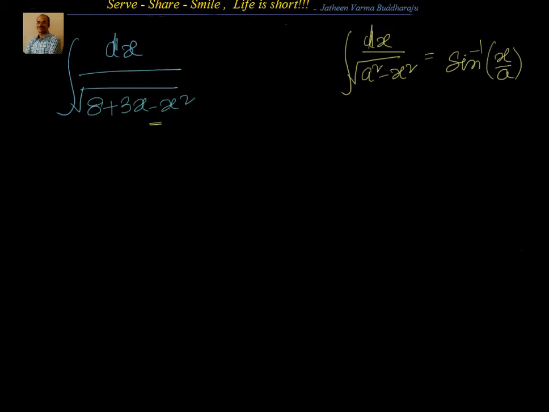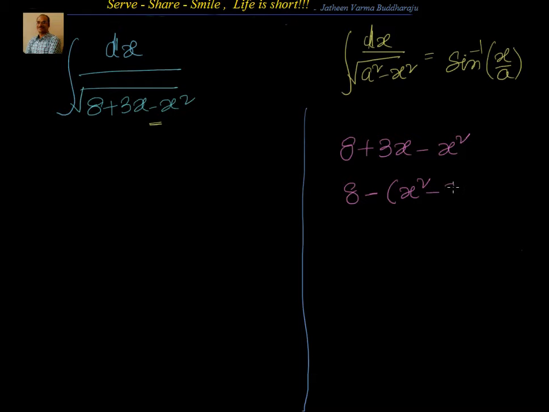So we'll see how we can do that. For that, first we'll try to convert this 8 plus 3x minus x square into a square minus x square format on the right side. So I'll take this place and I'll try to do that. First we will say 8 plus 3x minus x square. Can I write it as 8 minus of x square minus 3x, because this gives me more comfort.